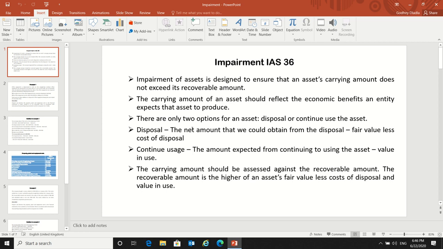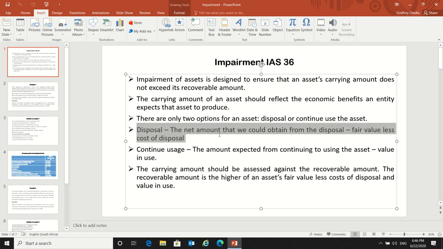It's very important for you to know how to calculate these values. At disposal, we want the net amount that we could obtain from the disposal, which is the fair value less the cost of disposal. Sometimes it is the selling price minus the cost of disposal.